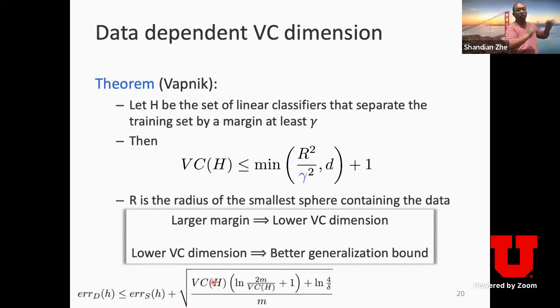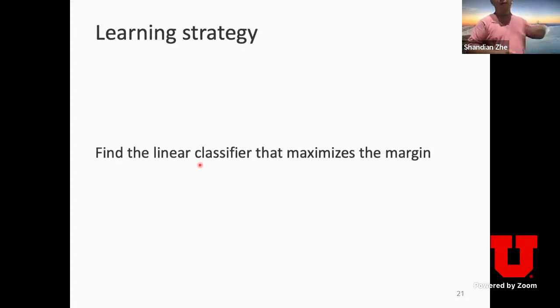So now if we push this to the limit, then we can summarize our learning principle as finding the linear classifier that maximizes the margin. When you maximize the margin, you're essentially searching a linear classifier in a subfamily who has the largest margin possible, right? If you look at all possible subsets of linear classifiers indexed by different margins, the subset that corresponds to maximum margin actually has the smallest VC dimension.